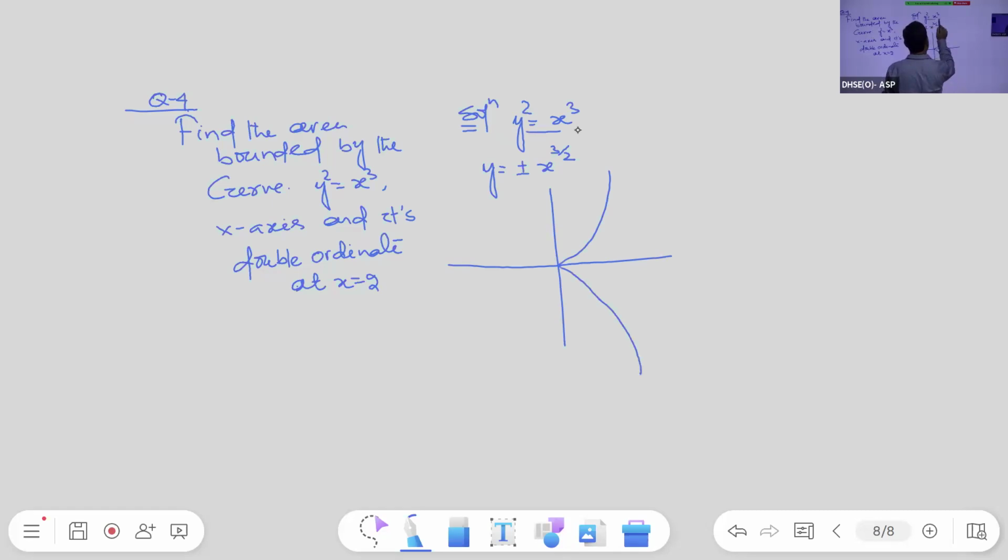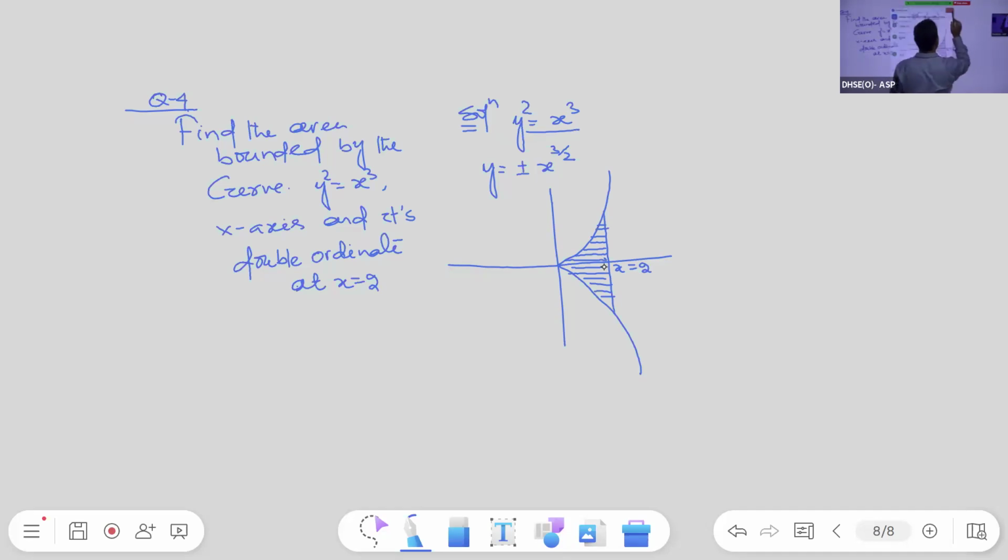This is called Newtonian parabola. This is the ordinate at x is equal to 2. And the curve is symmetric about x-axis. So these two areas are numerically equal. So we can calculate the area of the upper region.